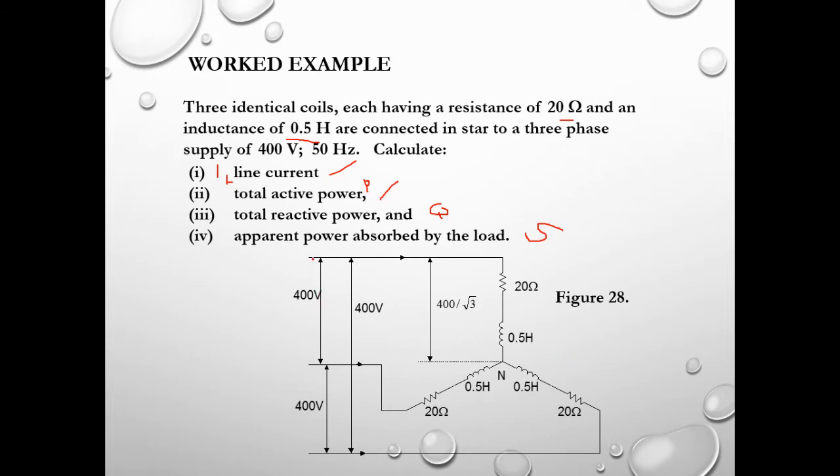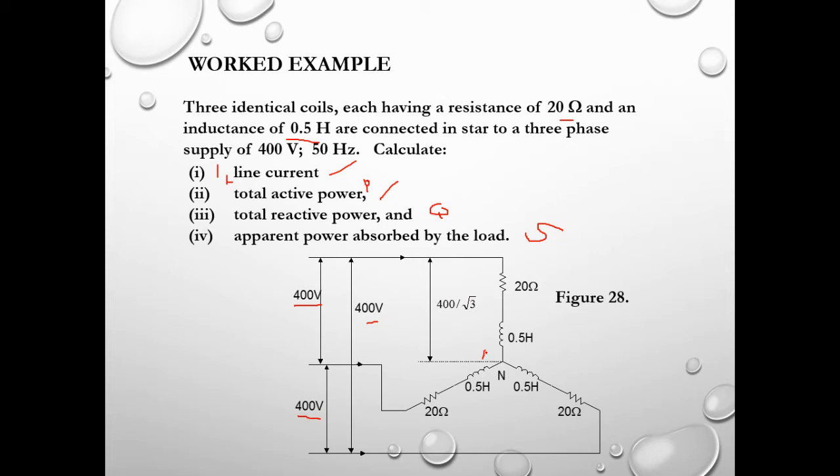All right, this is how the circuit looks. We have the line to line voltage, which is 400 volt. We do have the second line to line voltage, which is another 400 volt, as well as the third phase. So this is for phase voltage.